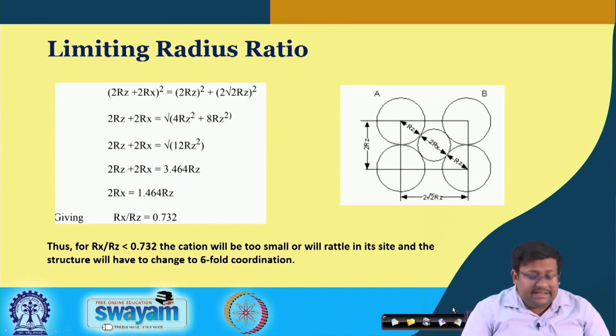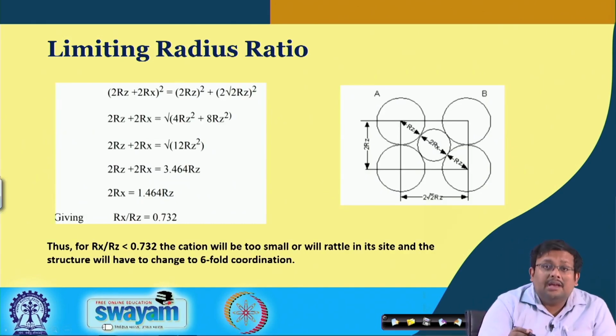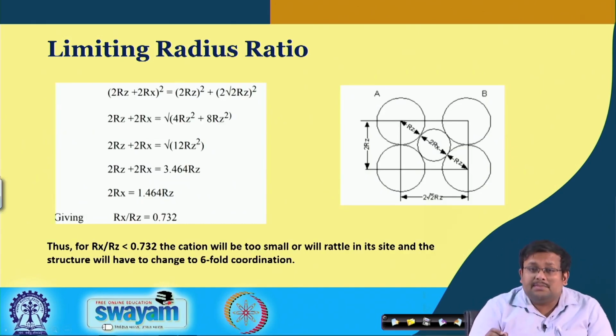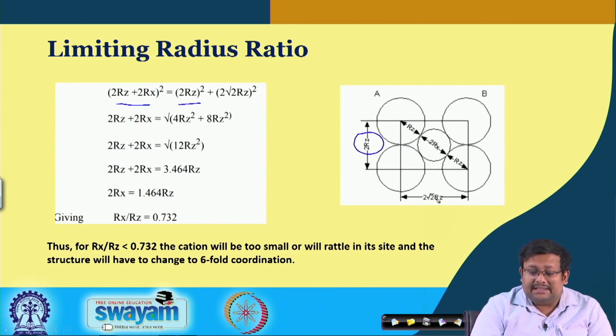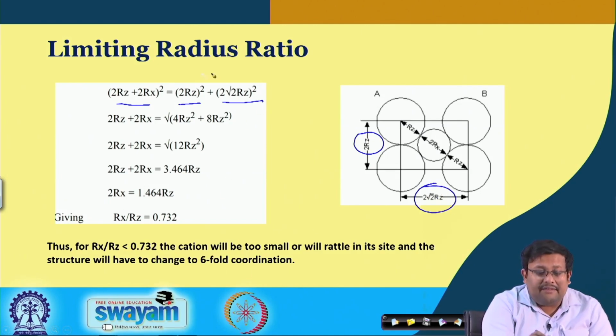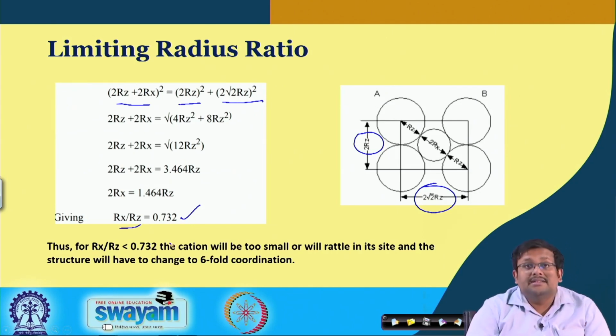So, this limiting radius ratio can be calculated using the Pythagorean theorem, where 2Rx plus 2Rz is the total distance, and the square terms are a combination of these 2Rz squared distances, that is 2 root 2 Rz, and from there we get an Rx by Rz value of 0.732.